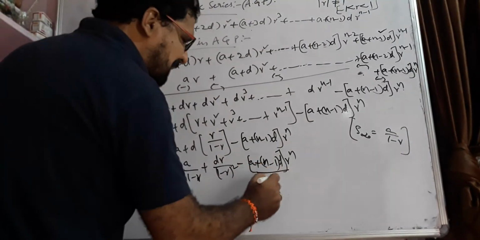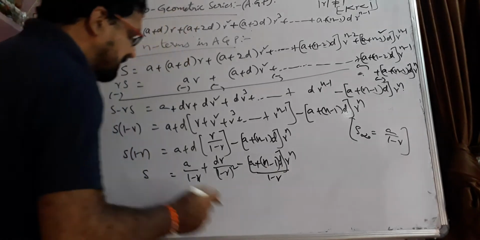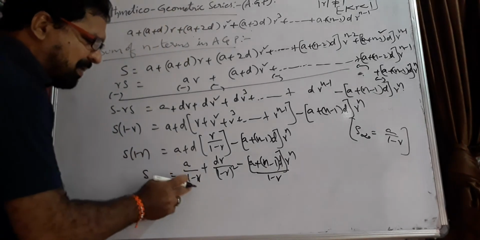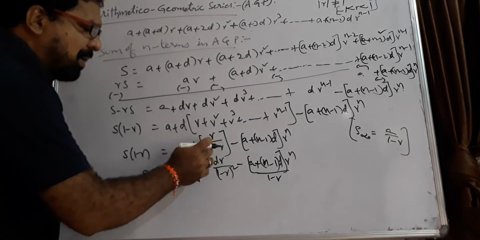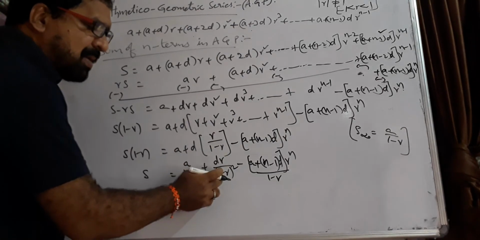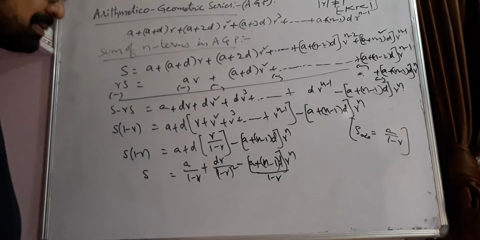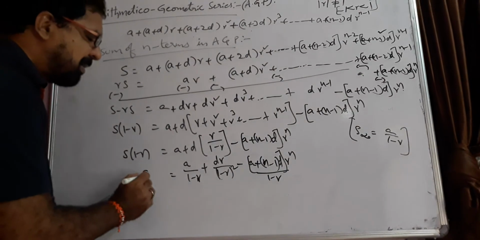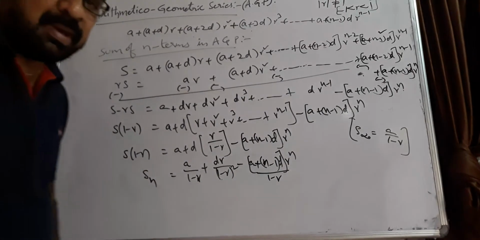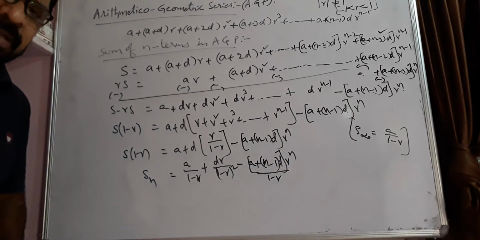By 1 minus r. This 1 minus r applies to everything. Here a by 1 minus r, here 1 minus r is already there, so 1 minus r and 1 minus r give 1 minus r whole square, and this one whole by 1 minus r. So this is the formula for the sum of n terms in AGP.